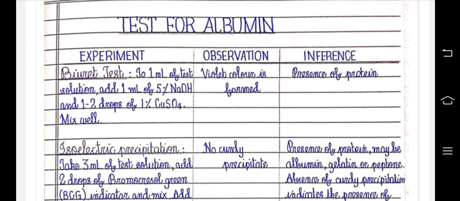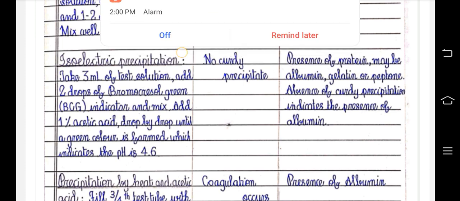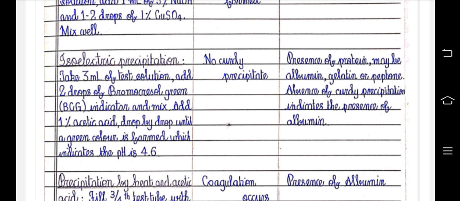Then isoelectric precipitation. Take 3 ml of test solution, add 2 drops of bromocresol green indicator and mix, and add 1% acetic acid drop by drop until a green color is formed, which indicates the pH is 4.6.